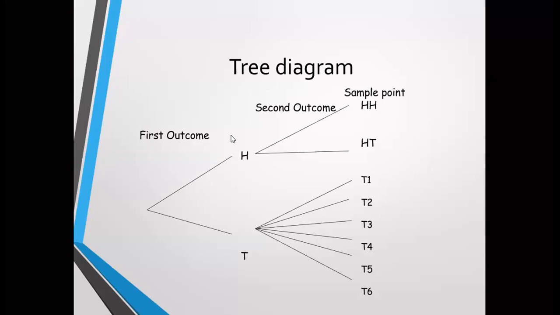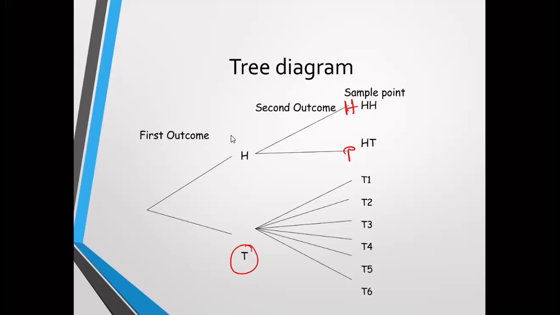If he flips the coin again, what would be the possible outcome? There are only two outcomes, either getting a head or tail, right? So let's say he gets tail first.